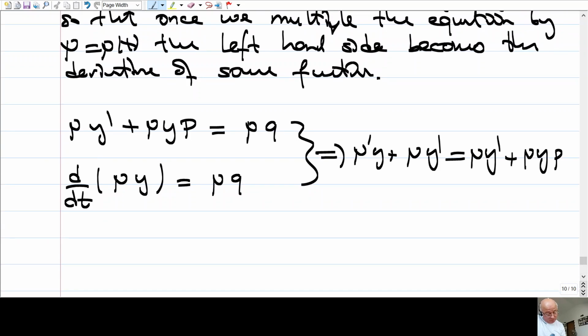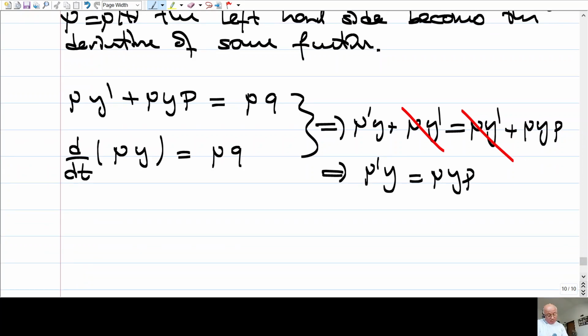And from this, we see that this term is cancelled with this, and what we end up with is mu prime times y equals mu times y times p.